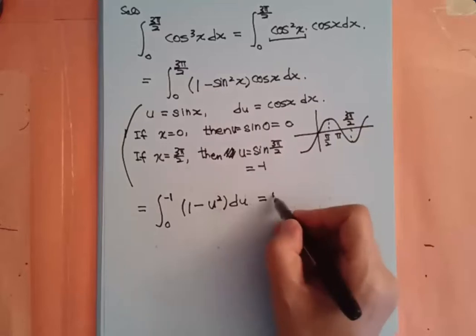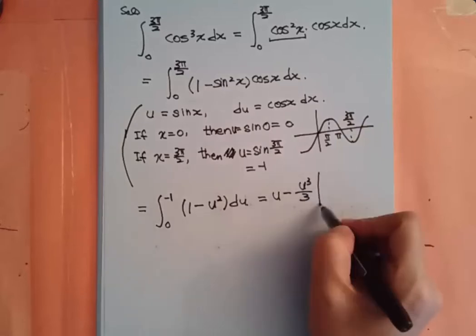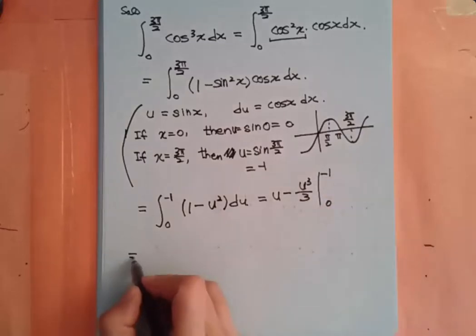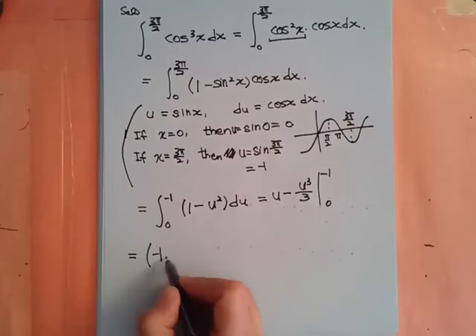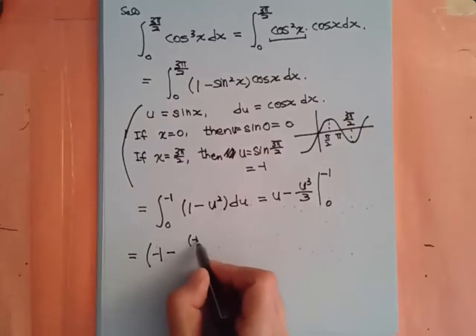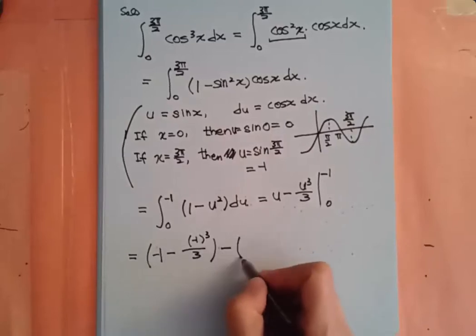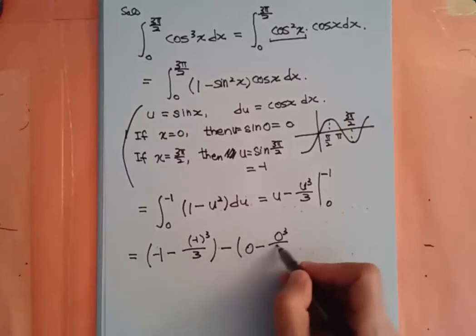So that is u minus u cubed over 3 from 0 to -1. So that becomes u is -1 minus (-1) cubed over 3, minus u equals 0 minus 0 cubed over 3.